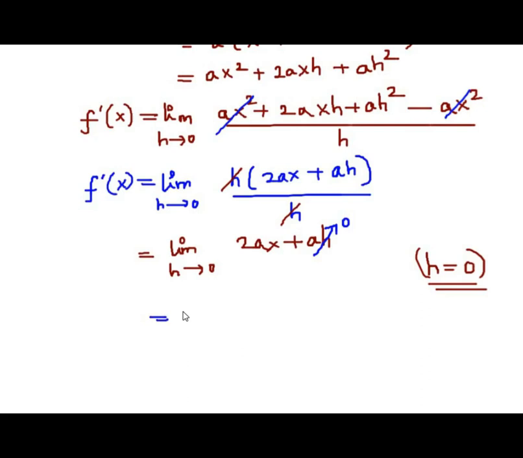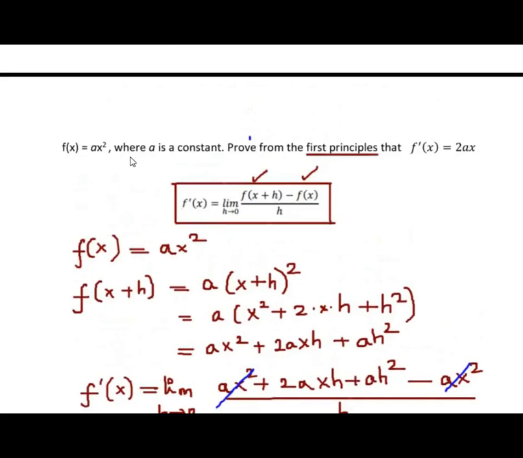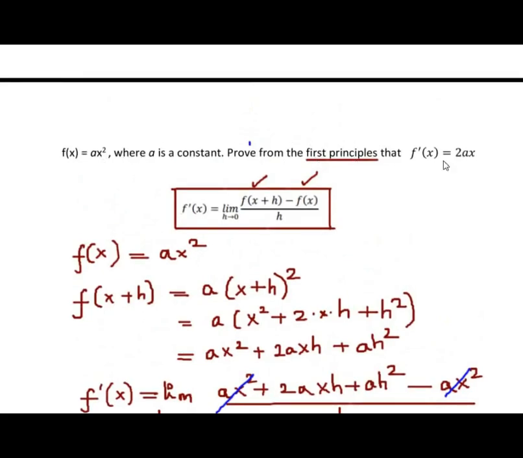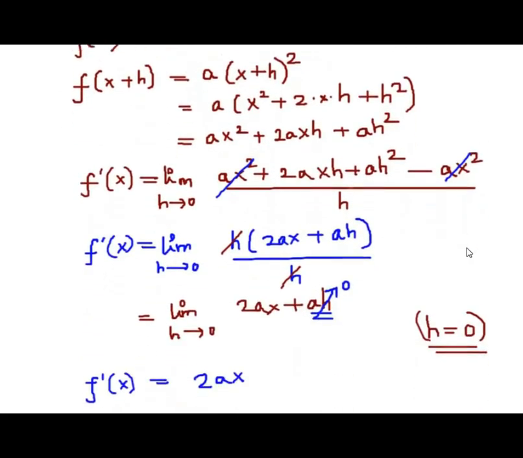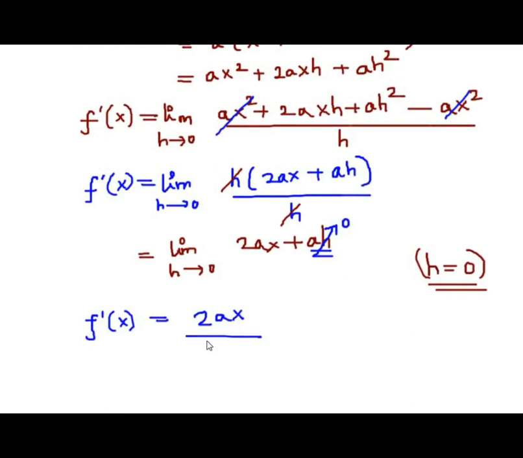So we get 2ax, and this term becomes 0 because a times 0 is 0. And since we have no more h terms left, we do not have to write the limit term. So we get the differentiation of f of x, which was given as ax square, as 2ax from the first principles. This is what is being proved.